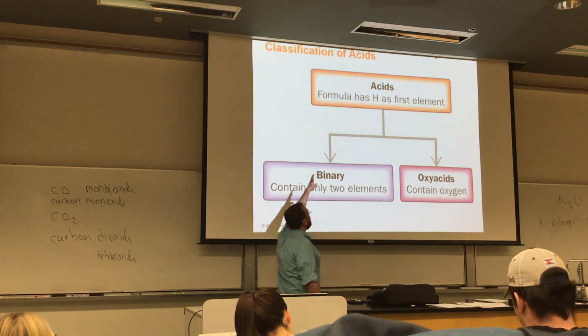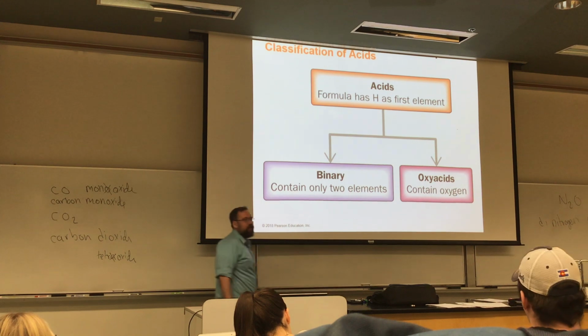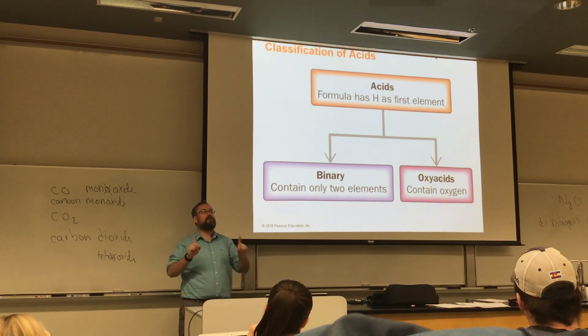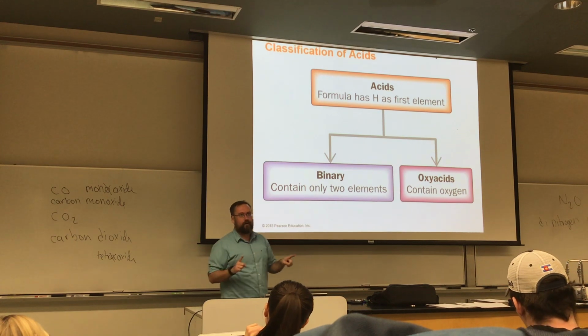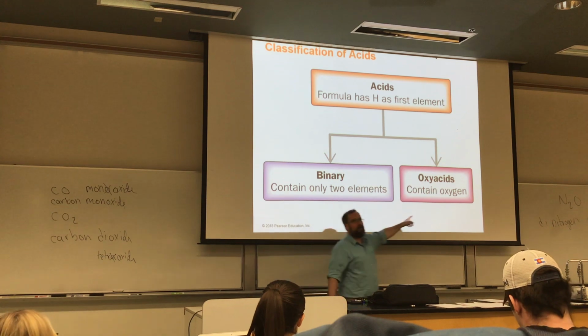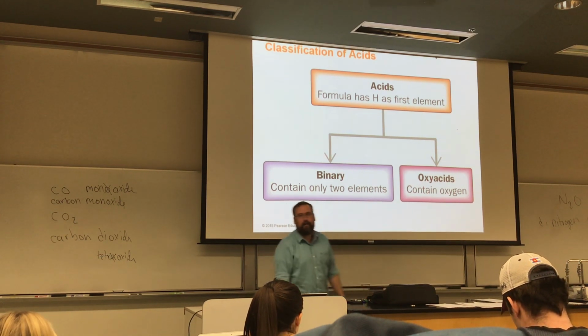Once we've identified that it's an acid, then we have to figure out, is it a binary acid or an oxyacid? If it's a binary acid, there are only going to be two elements, hydrogen and one other element. If it's an oxyacid, it'll contain hydrogen and oxygen along with some other non-metal element.